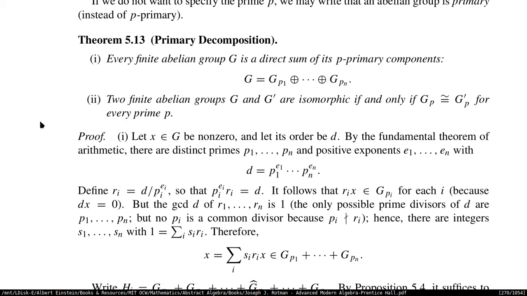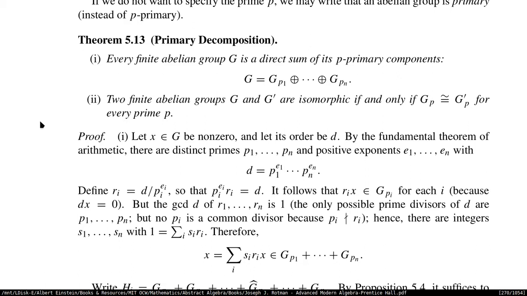Then if you have two finite abelian groups G and G prime, they are going to be isomorphic if and only if all of the p-primary components of those finite abelian groups are isomorphic to each other.